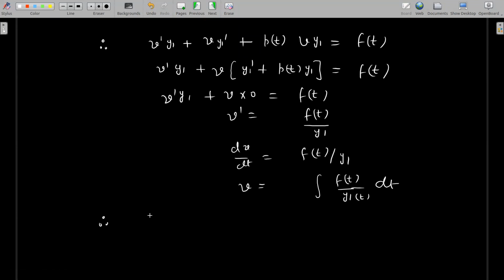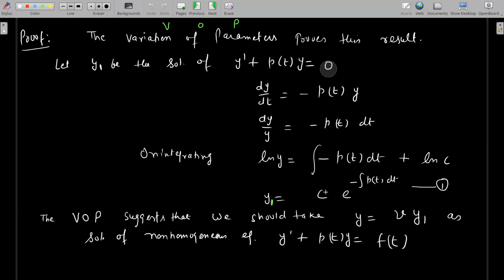Therefore, solution of non-homogeneous y equals to v y1, or you can write y1, and what is this? We fit the value of y1. Y1 is constant times this.